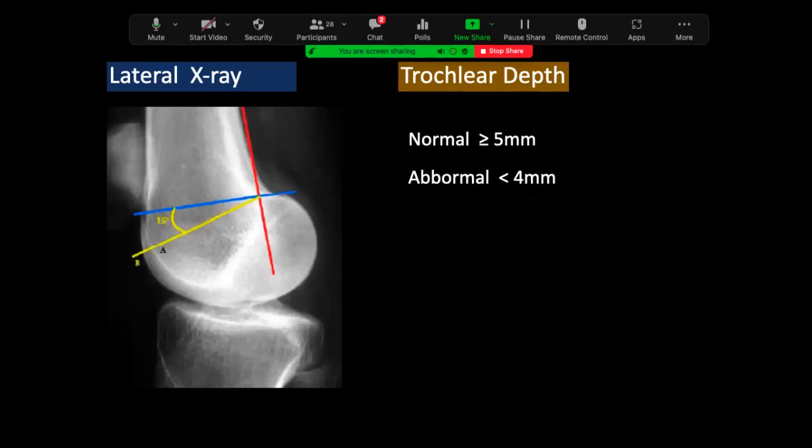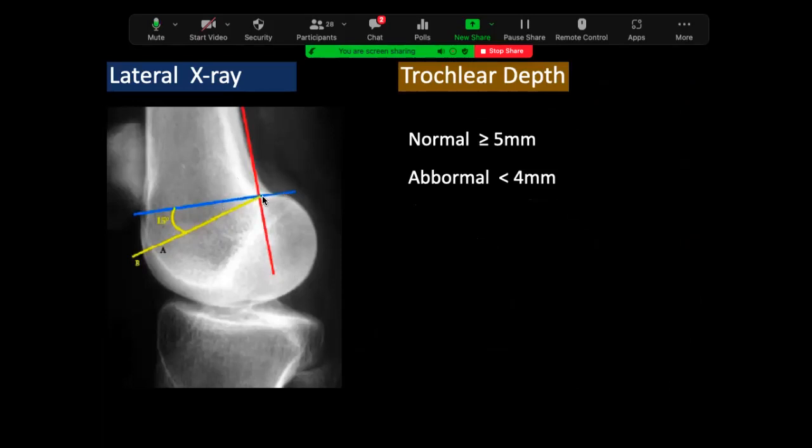And another important thing that we should not miss is the trochlear depth. You can see here how to analyze this. We can elicit this information by drawing a tangential line from the posterior femoral cortex here, and another line perpendicular to this line.